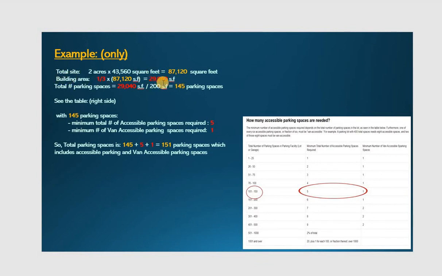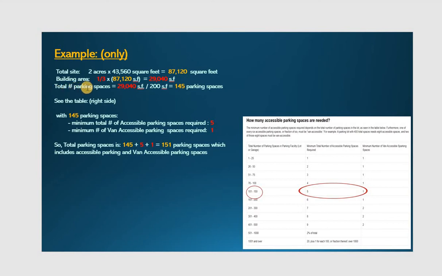Depending on the building and the group of construction, you can figure out how many parking spaces. Like I told you before, if you have a retail building or a workshop building, you don't need a lot of parking space. But with a restaurant, a gym, or a church, you need a lot of occupancy for that building, and the ratio when you calculate the building space is different.